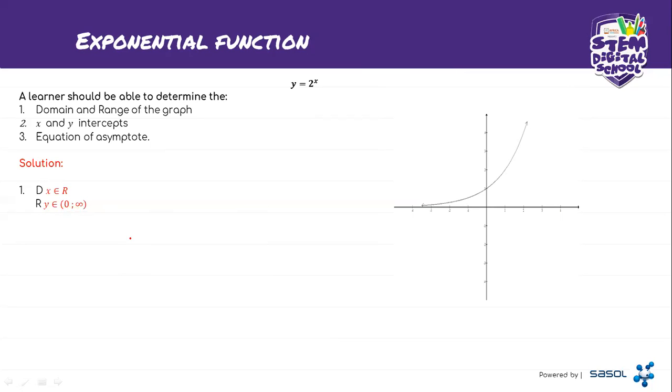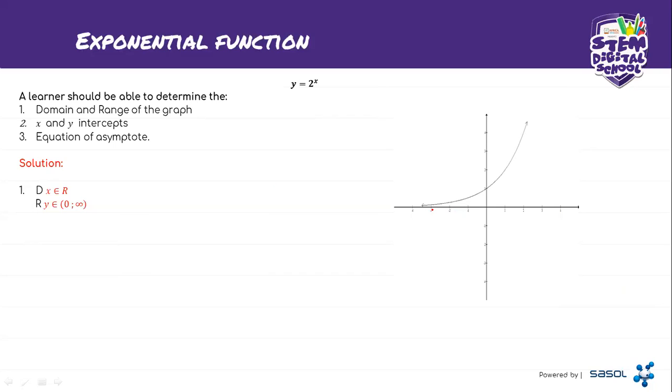Now, for you to be able to determine range, you need to know what our asymptote is. What is the equation of asymptote? Because for exponential, we only talk about one asymptote, which is moving horizontal. I said clearly earlier under hyperbolic that a line which is being approached by a graph is going to act as what?